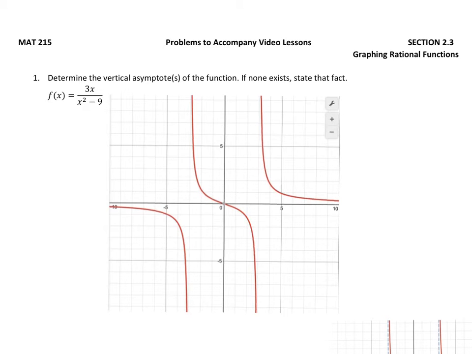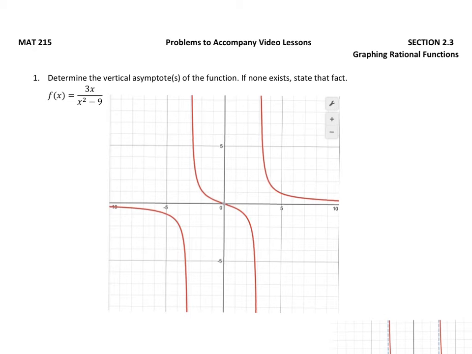Anytime our function is approaching either positive or negative infinity, or both, as we approach some x value, either from the left or the right, we have a vertical asymptote.